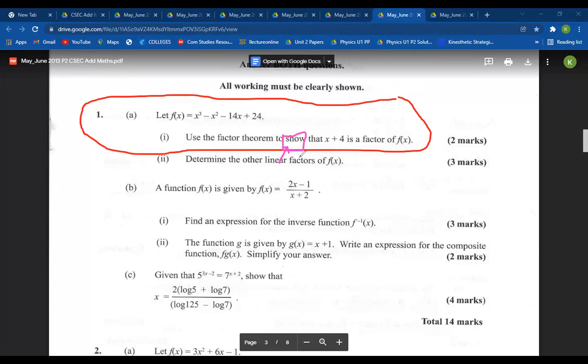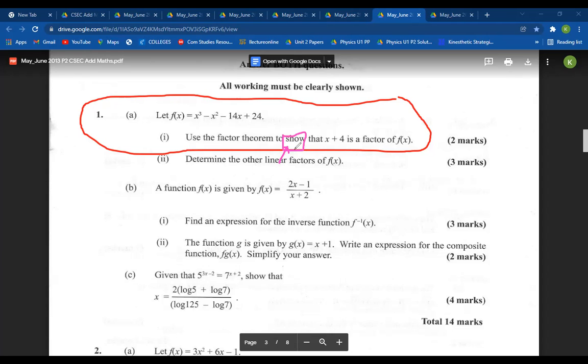What does that mean? If it's a factor, the remainder is going to be 0. So if you get a remainder that is not 0, meaning that x plus 4 is not a factor, something is wrong, you need to check it over. How do I know that? Because they told me show.